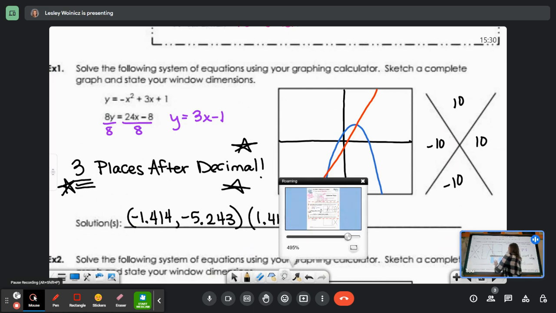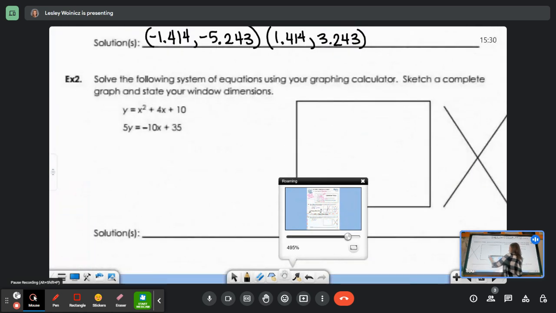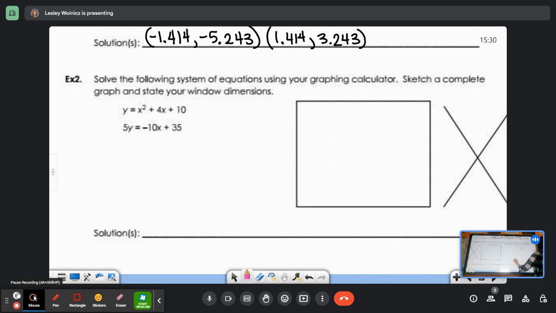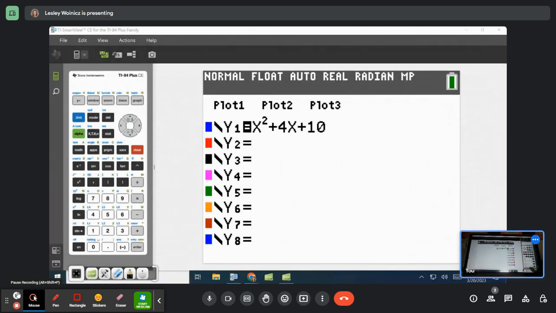I have to divide because, again, I have a coefficient in front of y. So I'm going to divide by 5, divide by 5, and I get y equals negative 2x plus what? 7. Thank you. So negative 2x plus 7. Let's go to the graph.